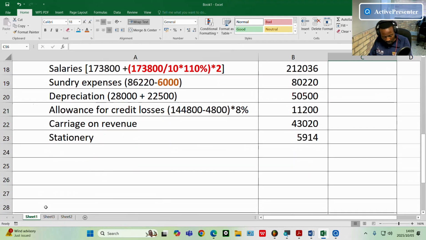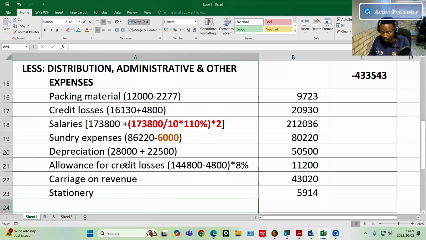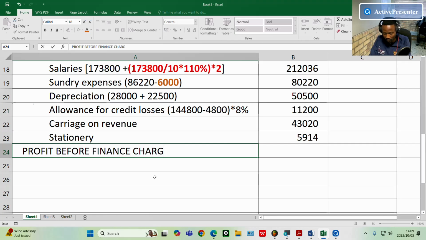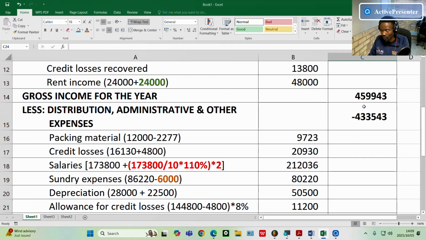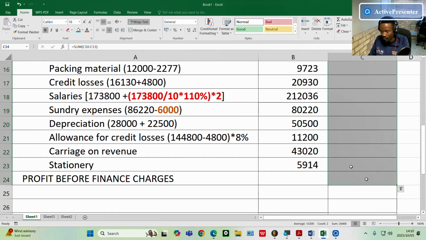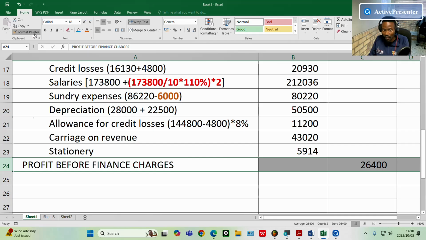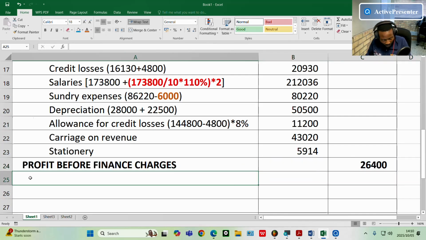So then I now get the profit before finance cost, the profit before finance charges. I'm also going to make this bold. Okay, so now I can actually do the finance cost.